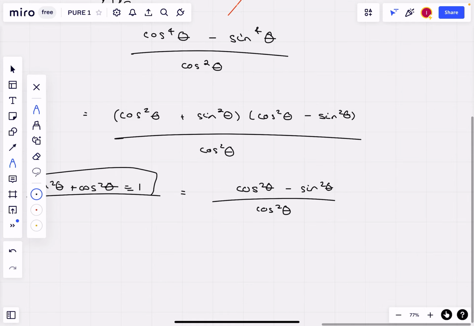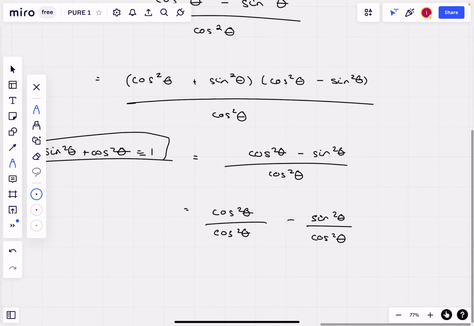From this point, you can split the fraction like this. And now you can simplify. Cos squared over cos squared is 1. And then we can use identity number 2.